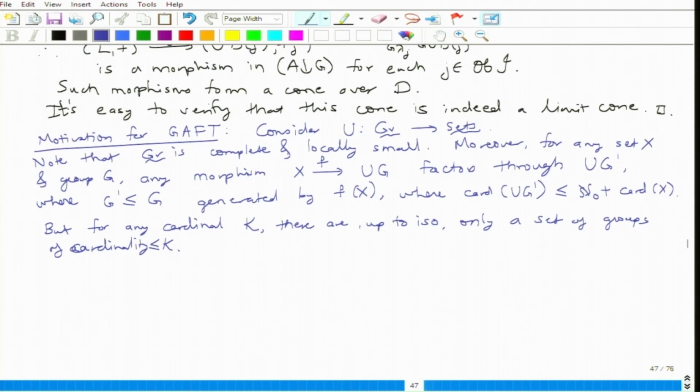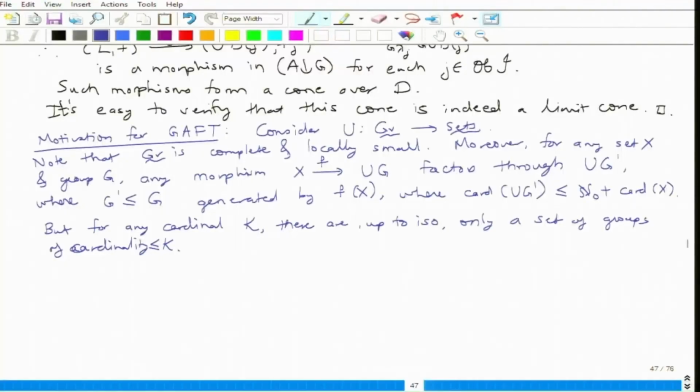So basically, what we are saying is that there is only a set of options of morphisms through which every single morphism from X to UG will factor. You understand this whole process? So this is what we want to capture.